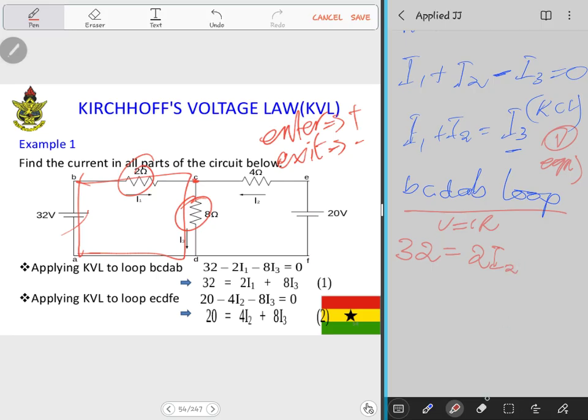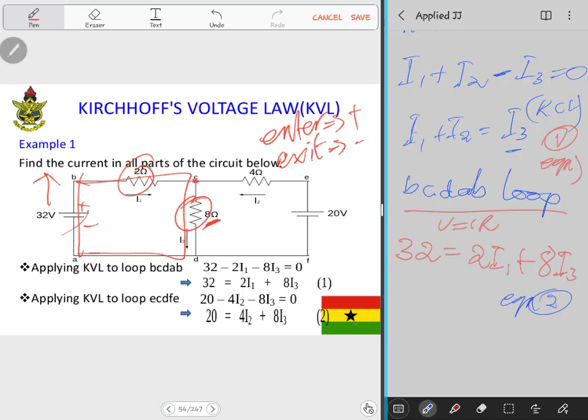Oh, that's 1. And then, because there's a positive terminal and a negative terminal, this is my convention. I'm choosing this direction, and this one too is in the same direction. So the resistor is 8, and the current is I3. This is my equation 2.